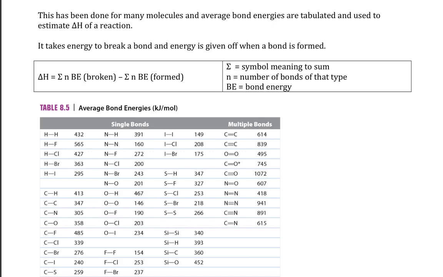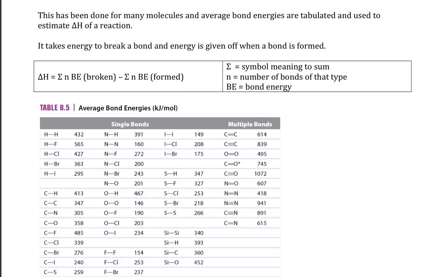Delta H for a reaction using these bond energy values is the sum over n, the moles, times the bond energy of each broken bond, minus the sum over n times the bond energy of each formed bond. Broken bonds are positive, that's why there is no negative sign in front. Formed bonds are exothermic, that's why we have the minus sign there.